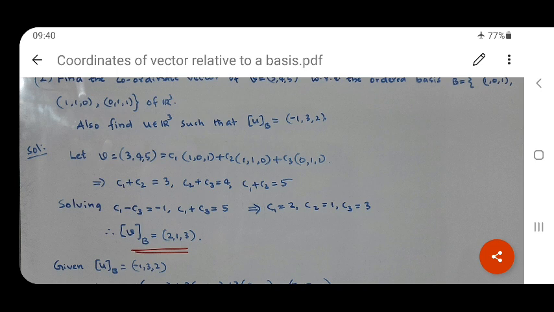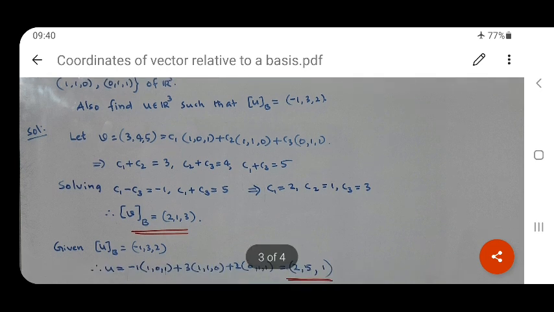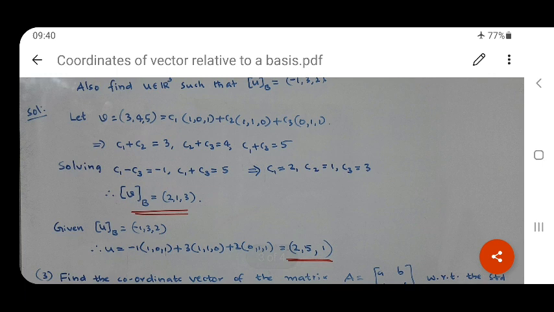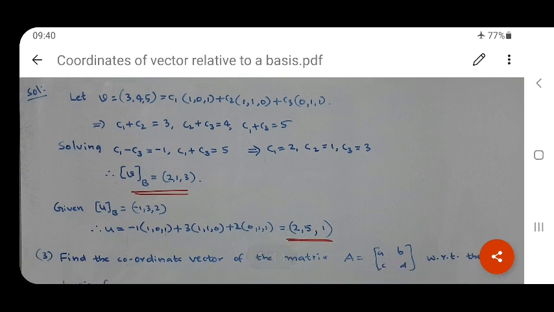Therefore, c1 is the coordinate of (1,0,1), which is the first vector. c2 is the coordinate of (1,1,0), the second vector of the basis, and c3 is the coordinate of (0,1,1), the third element of the ordered basis. So the coordinate vector is (2, 1, 3).